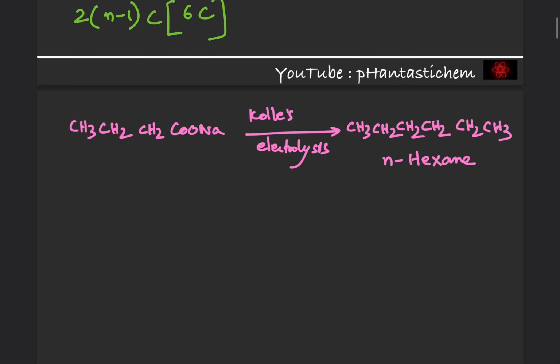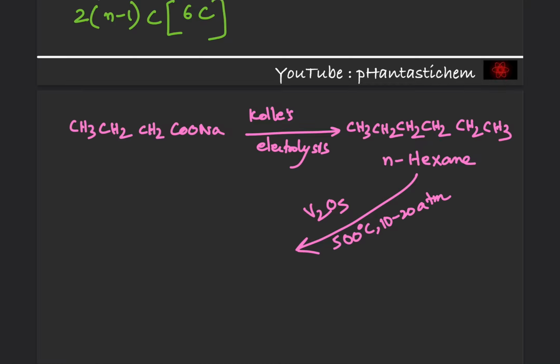Okay, then n-hexane is subjected to the second set of reagents, that is V2O5, 500 degrees Celsius and 10 to 20 atmospheres.